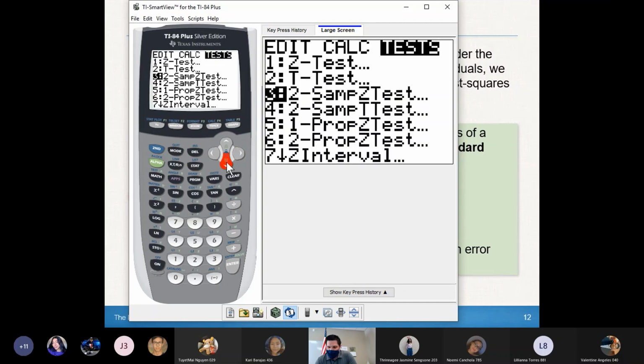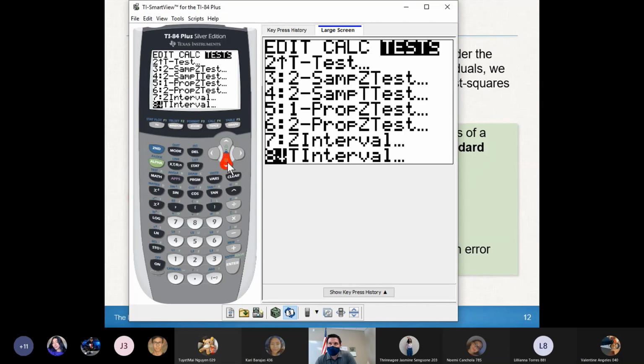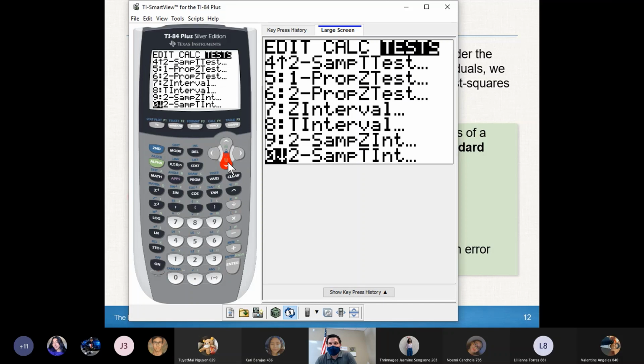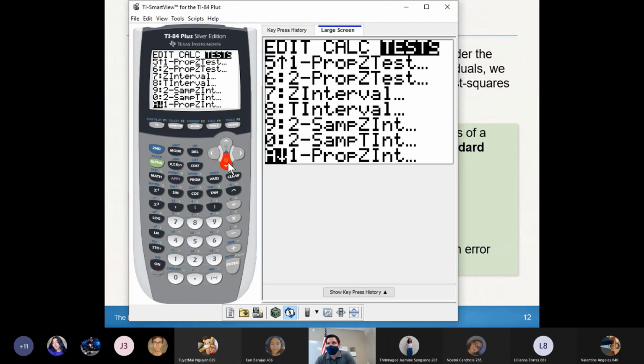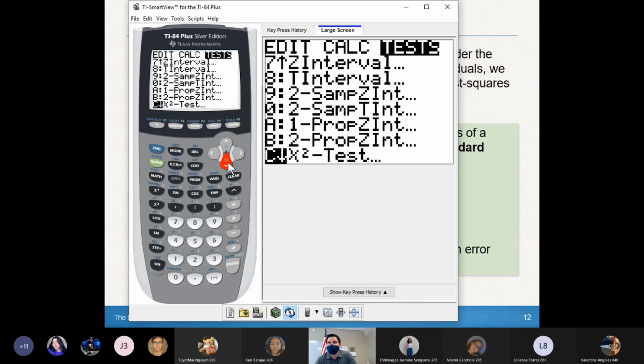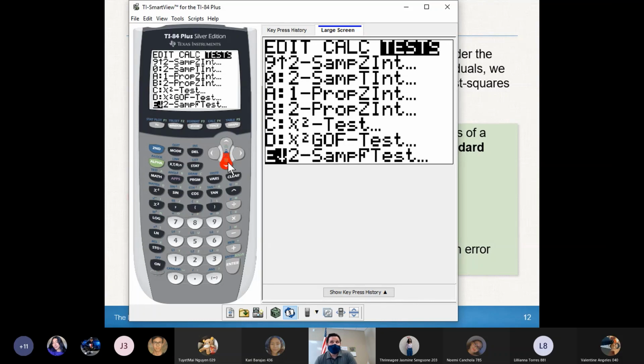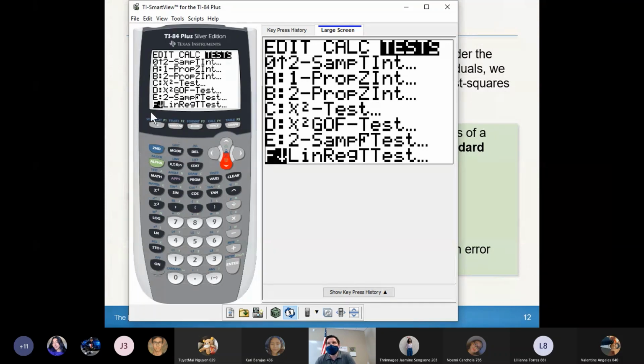If we use the linear regression t-test, which is a test that comes up in chapter 12 that we're not going to get into, we can use the function here to get values that we need. It's option F, linear regression t-test.